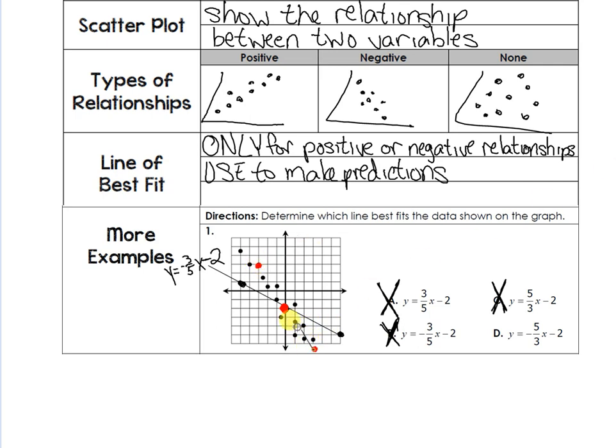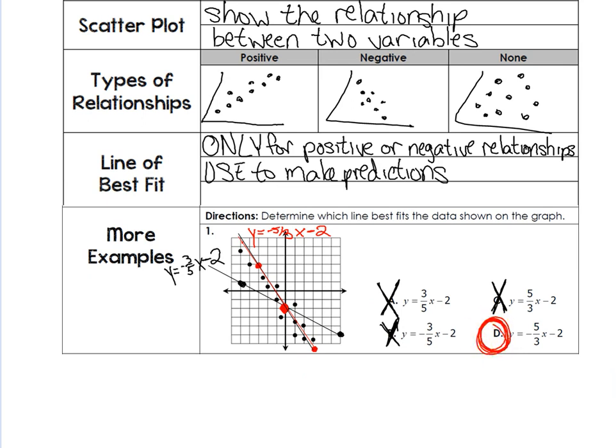If I connect those dots from dot to dot, y equals -5/3 x minus 2, that line is a much better fit. It is much more representative of that scatter plot. So that would be our line of best fit.